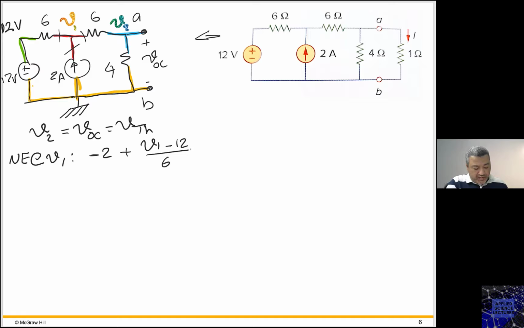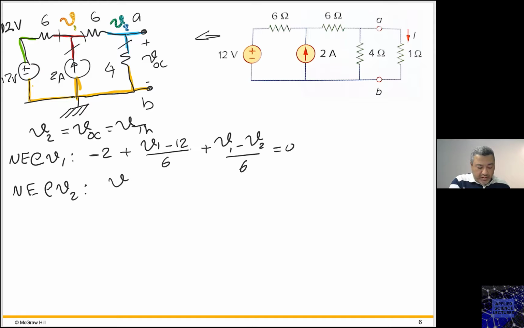So V1 minus 12 over 6 plus V1 minus V2 over 6 as well, and this equals 0. So I covered all the branches that are connected to V1. Now nodal equation at V2: I have 1 and 2, so V2 minus V1 over 6 plus V2 over 4 equals 0.